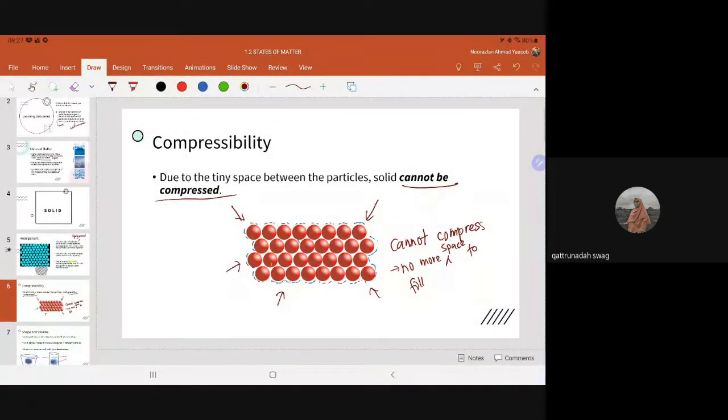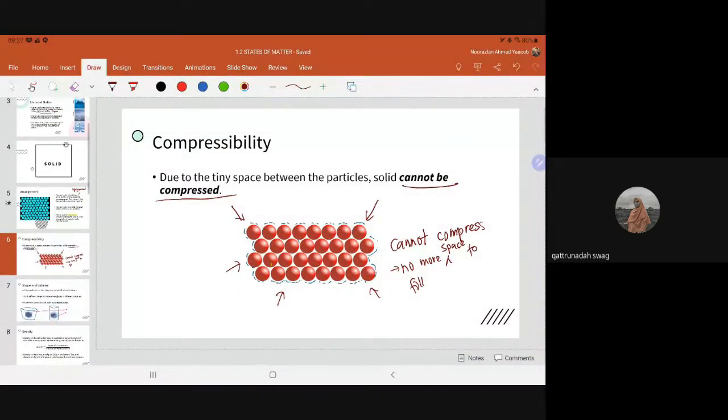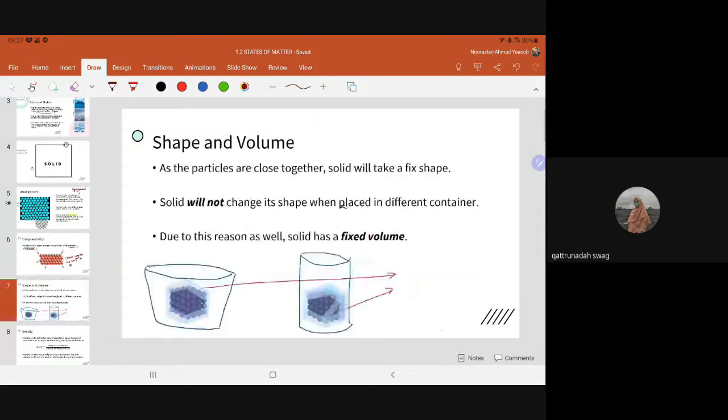And then kalau kita tengok the next pula, compressibility untuk solid tak banyak lah, kita tahu dia tak boleh nak mampat. Kalau mampat apa yang berlaku, volume akan berkurangan. Kalau kita nak cuba kurangkan volume, contoh kita ambil batu, kamu tekanlah batu guna apa-apa, volume dia tak akan tetap sama. Okay. So the next one, kita tengok dia punya ciri iaitu shape and volume.